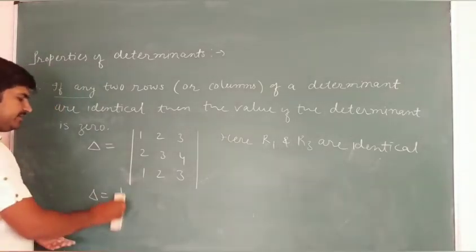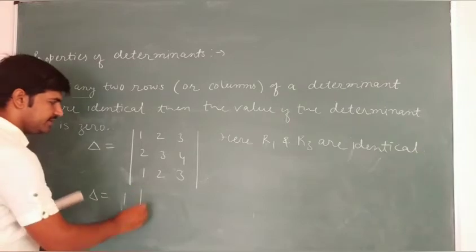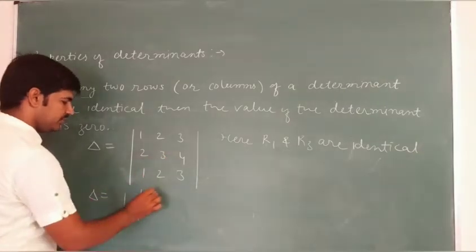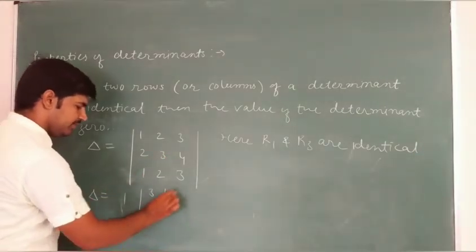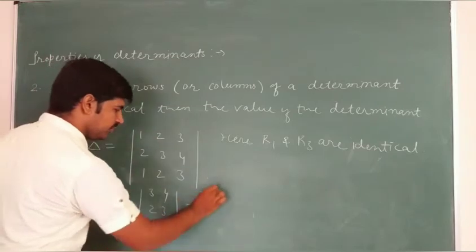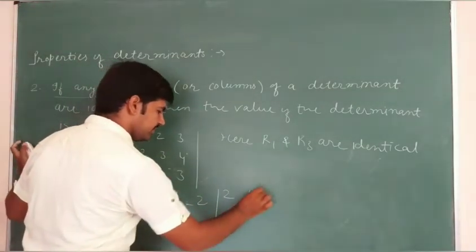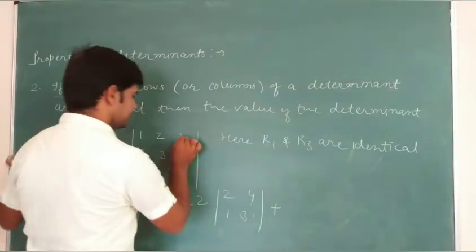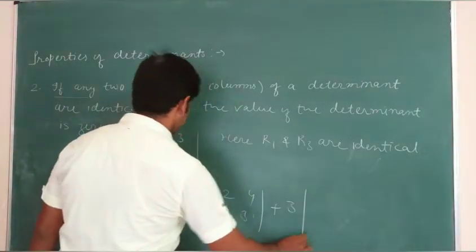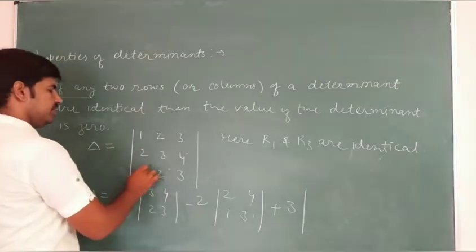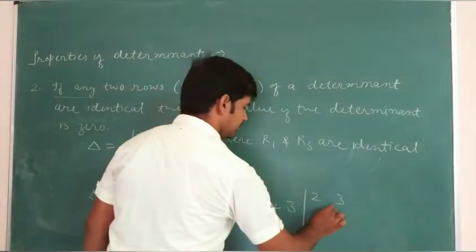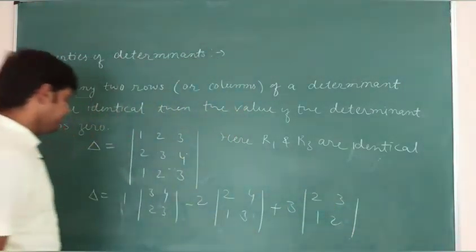Let us check. 1 times determinant 3, 4, 2, 3, minus 2 times the determinant 2, 4, 1, 3, plus 3 times the determinant 2, 3, 1, 2. Let us simplify this.